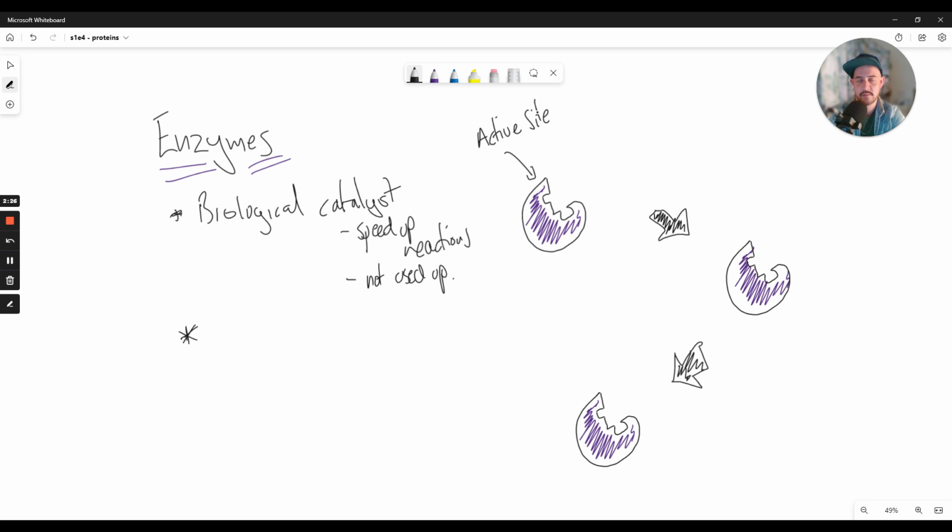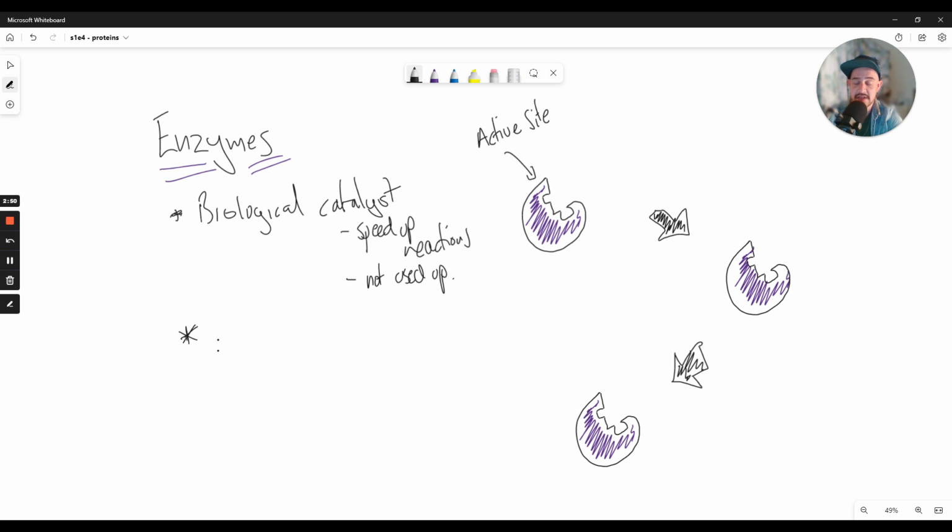Think back to our last section when we looked at the 3D shape of the protein. The shape is really important because for an enzyme, you have a certain part of it where the reaction can actually occur. And that shape is really specific. So if there was any change to the shape at all, then the enzyme won't work.